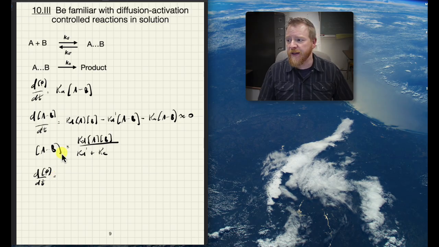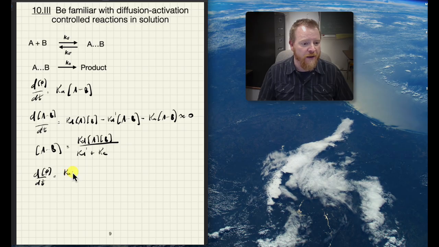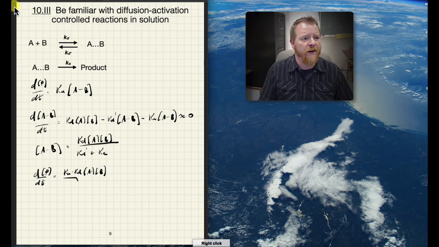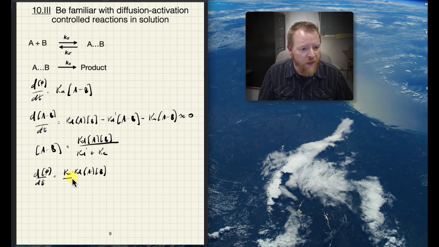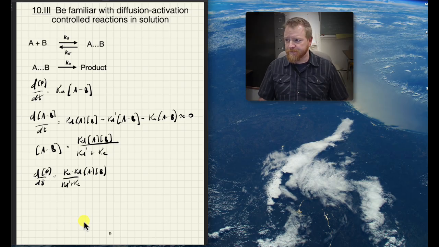So that's going to be Ka times all of that. So we'll have Ka times Kd times A times B. And I'm going to keep the rate constants over here, and hopefully we will see why in a minute. So then that's divided by Kd prime plus Ka.